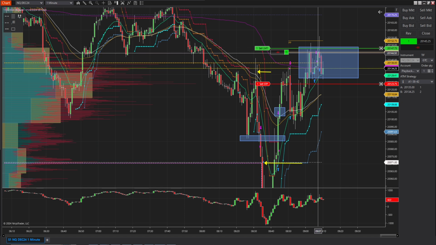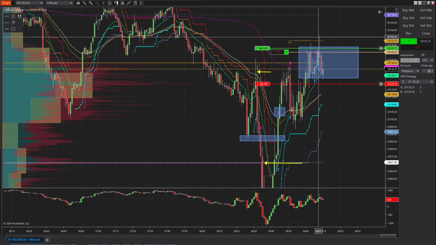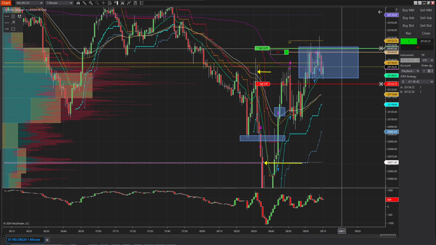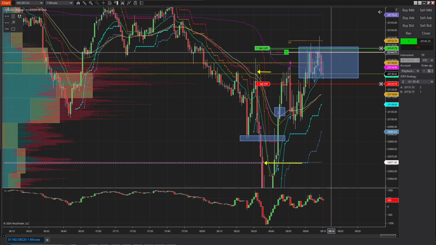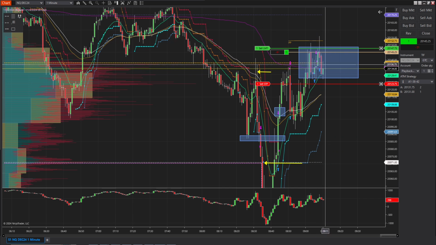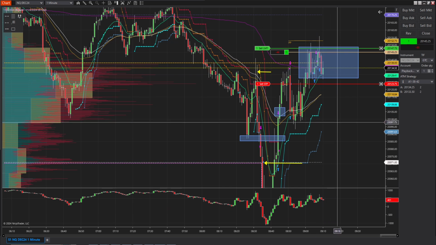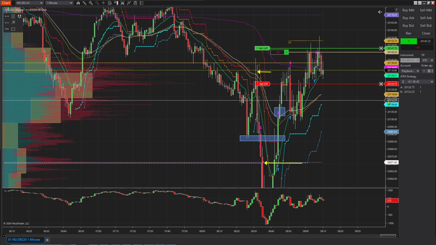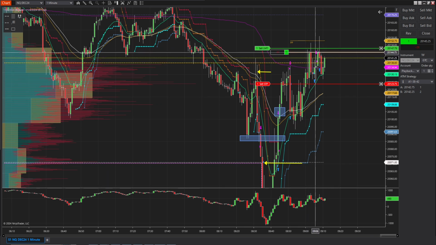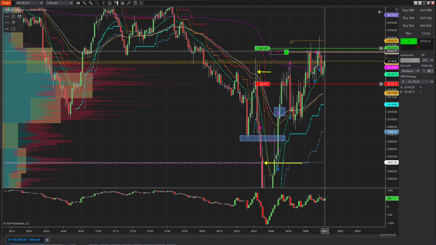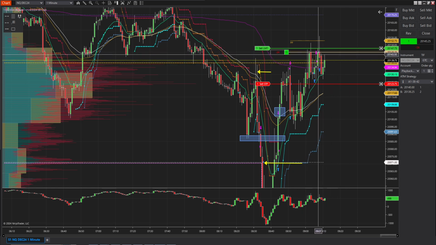This breakout had not even closed above this consolidation area, so I should have waited at least until it closed above the consolidation area. Overall, this type of breakout and retest is not a very reliable location.